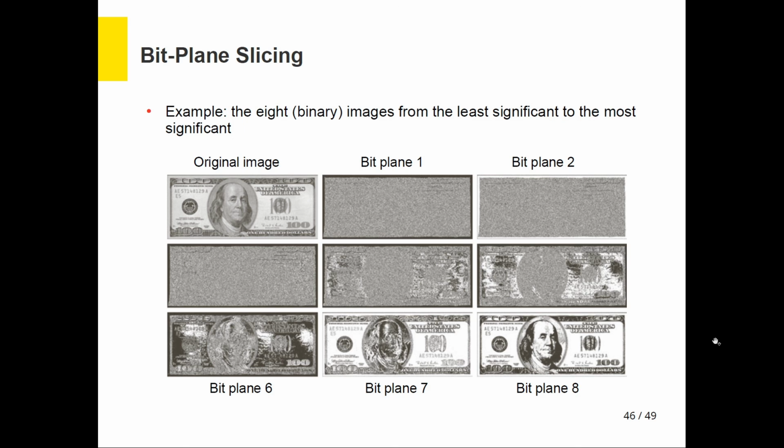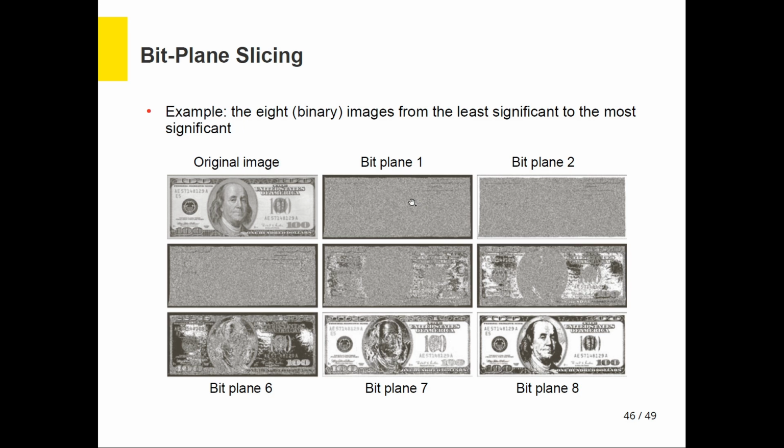As you can see, when we go in this order, now the image features are more pronounced. And the reason for that is that the more weight each bit has, the more effect it has in the final result.